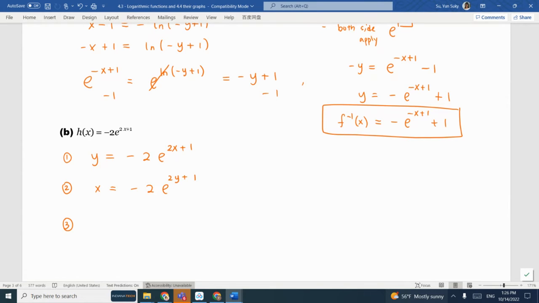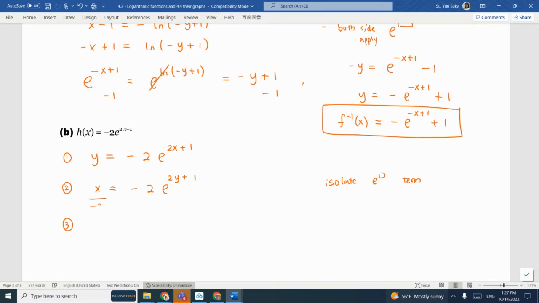Okay. Do you see here? We have the exponential term. So we isolate the exponential term. That means you want to have the exponential term by itself on one side. So what do we do? Divide by -2.